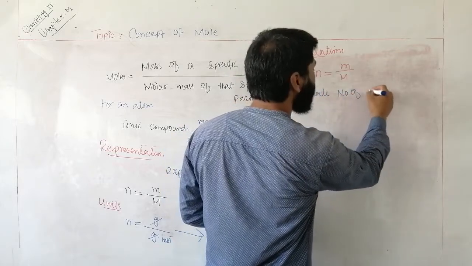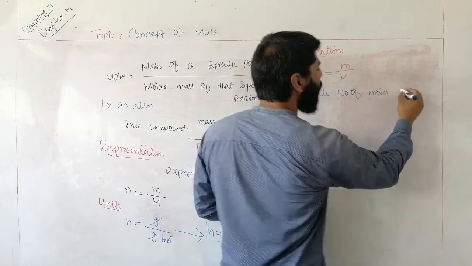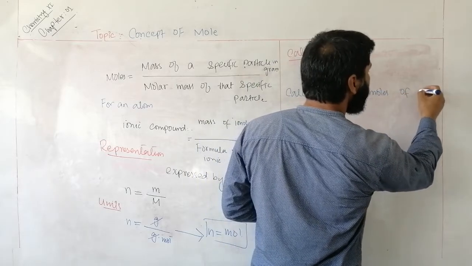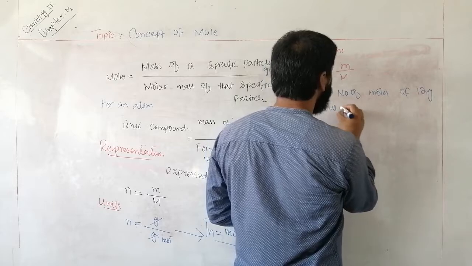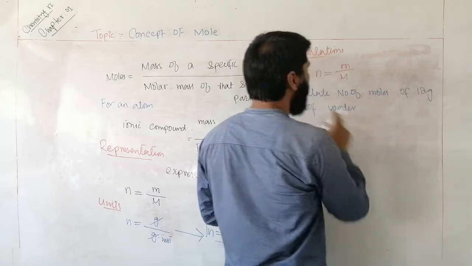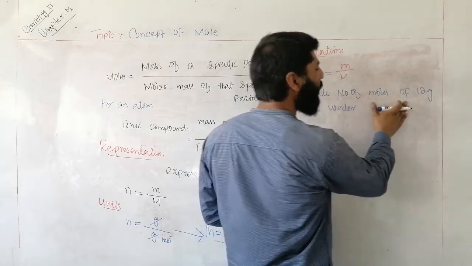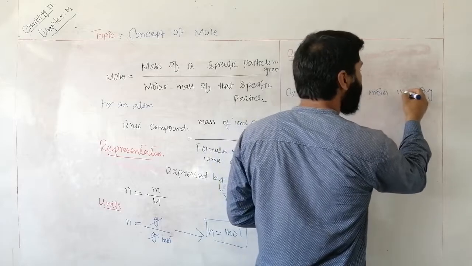the number of moles of 12 grams of water, or you can say calculate the number of moles in 12 grams of water.